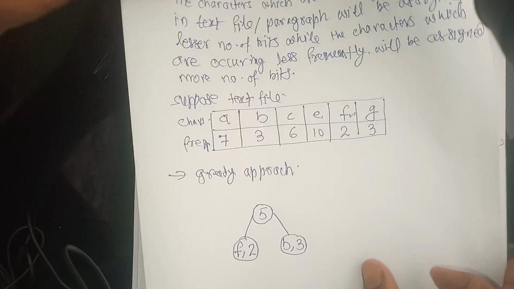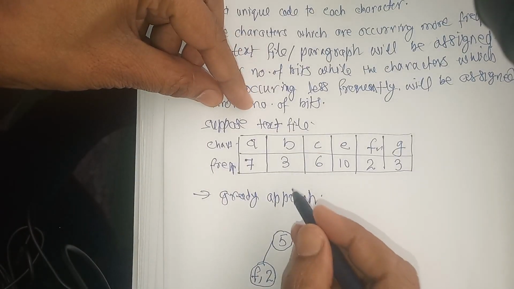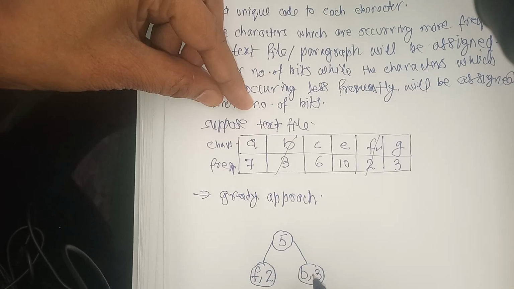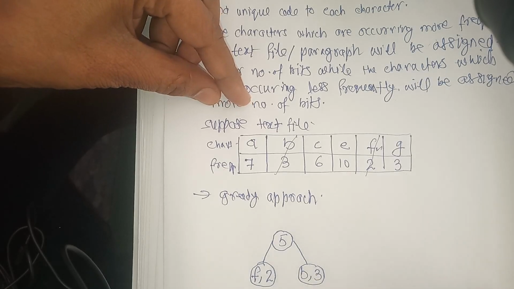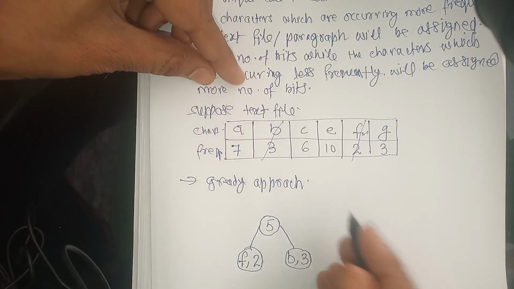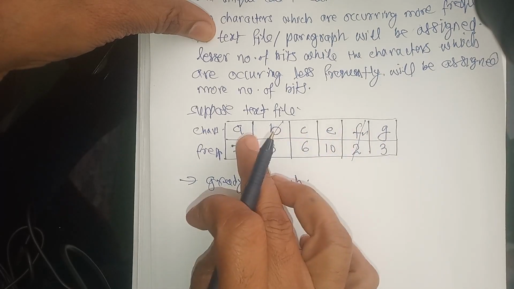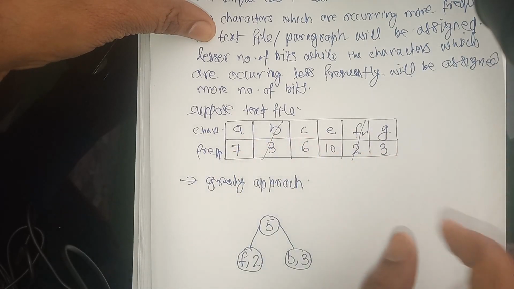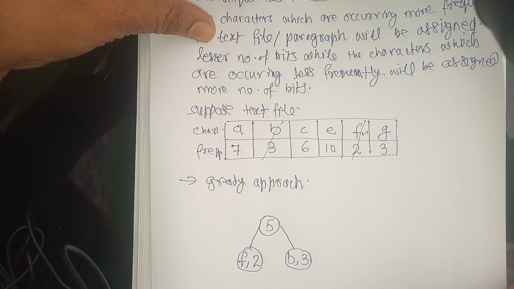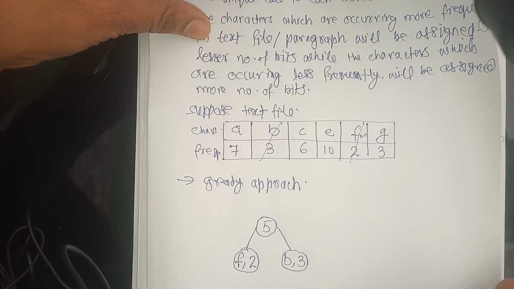This is done. Now after this, we have to delete these characters from the table, which we have considered for preparing the tree, and this node will be included in the table. It may be included in any order, or we can keep all the characters and nodes in ascending order of frequency. If we keep them in ascending order of frequency, that will help while implementing the Huffman tree.